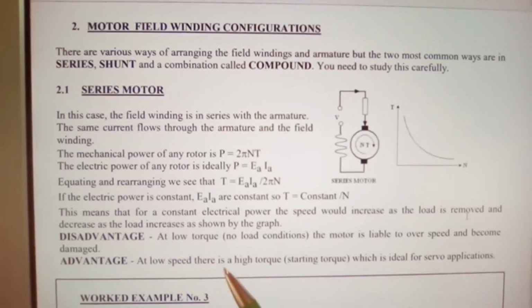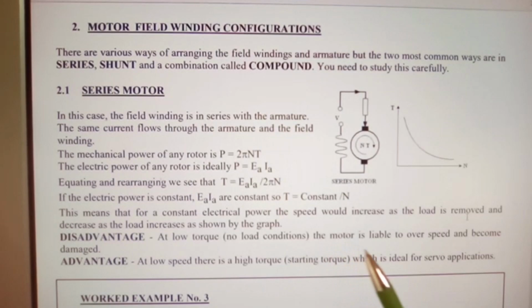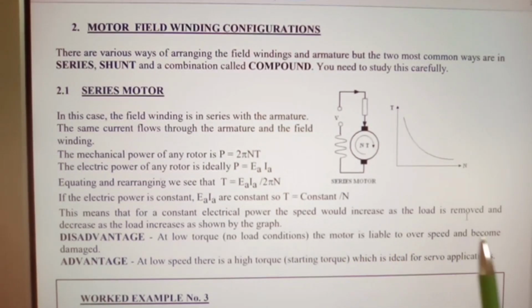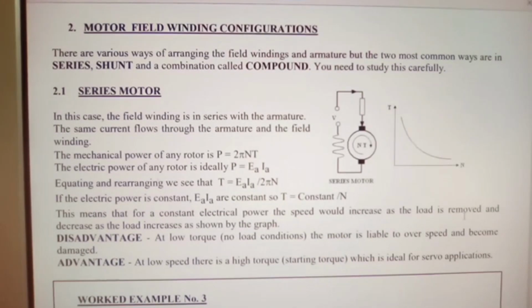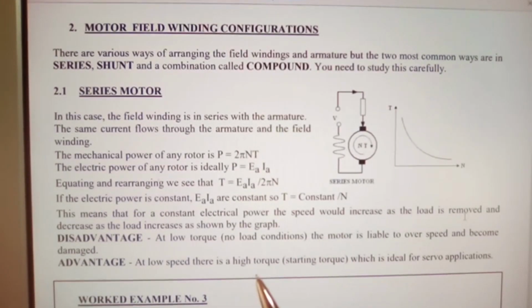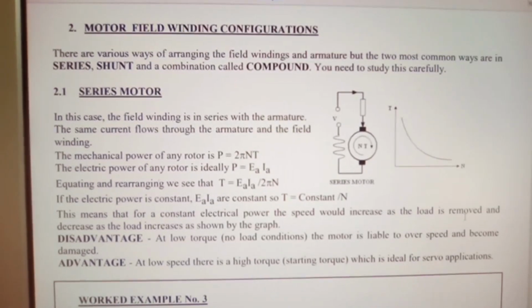Disadvantage: at low torque, no load condition, the motor is liable to overspeed and become damaged, burnout. At low speed, there is a high starting torque, which is ideal for servo applications.